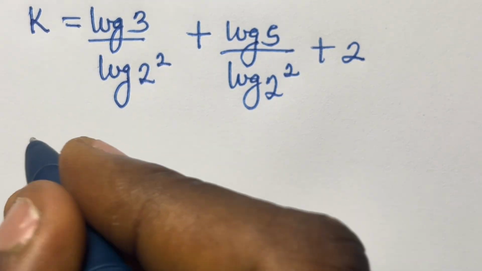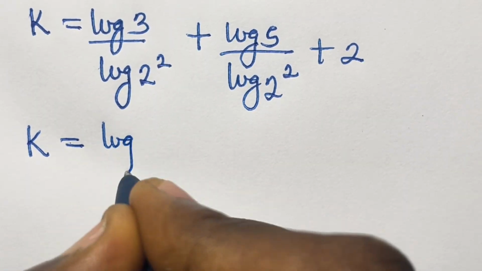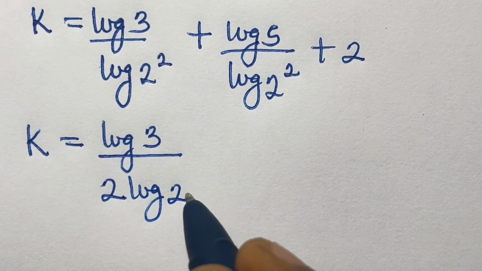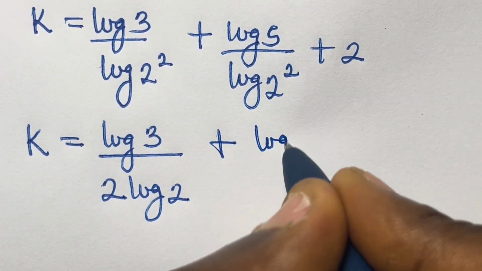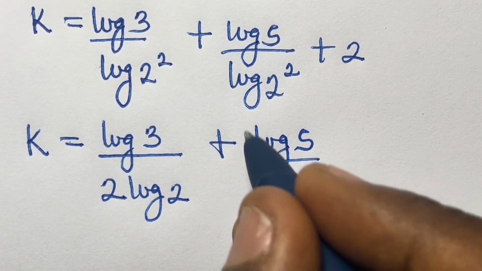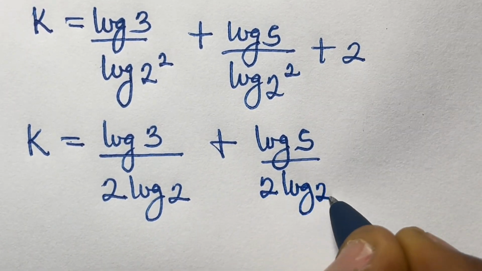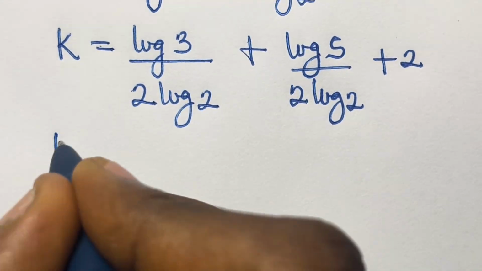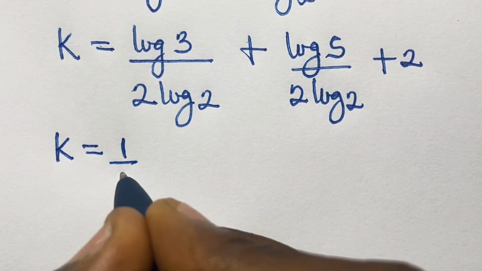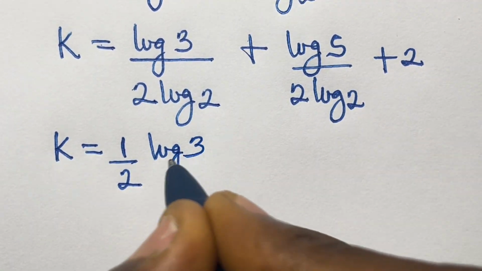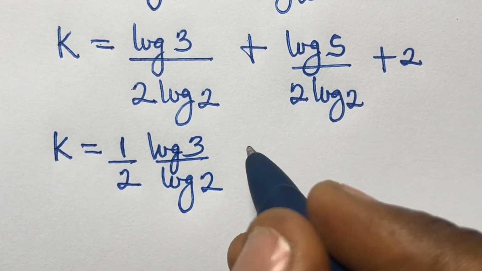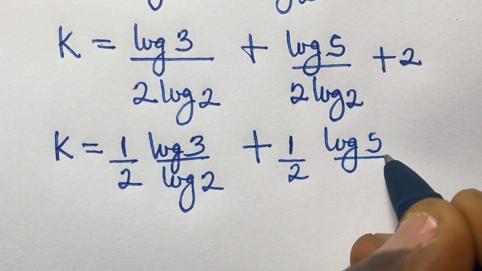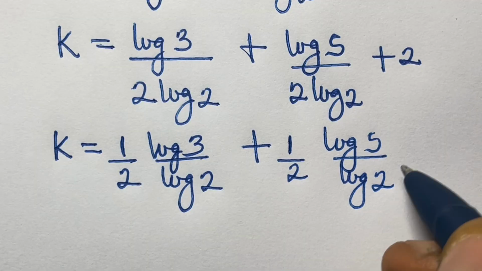So we will have k equals log 3 divided by 2 log 2 plus log 5 divided by 2 log 2 plus 2. Here you see, you can just factorize 1 over 2 out from here. So we have 1 over 2 log 3 divided by log 2 plus 1 over 2 log 5 divided by log 2 plus 2.